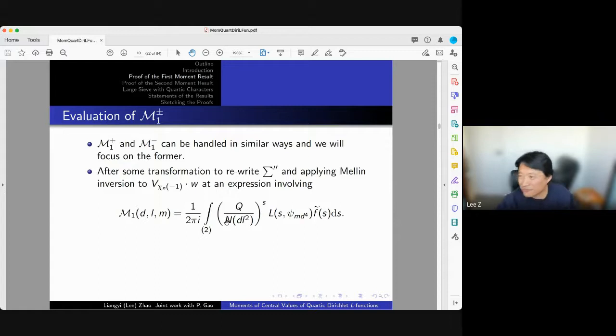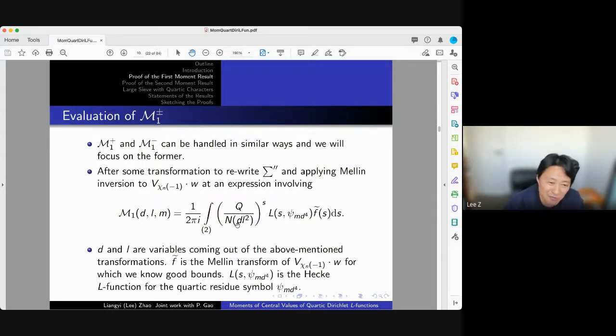If you're familiar with the proof of the prime number theorem, it's precisely that. We apply Mellin inversion, and we transform the sum over the von Mangoldt function into some integral involving the Riemann zeta function. It's basically the same method here. So we'll get an expression of this form.